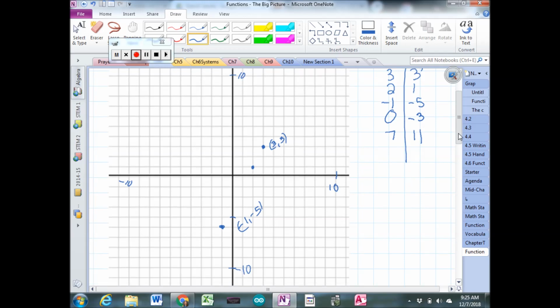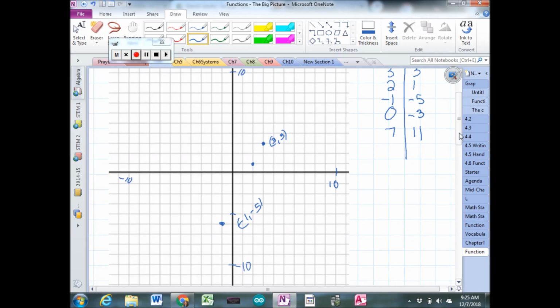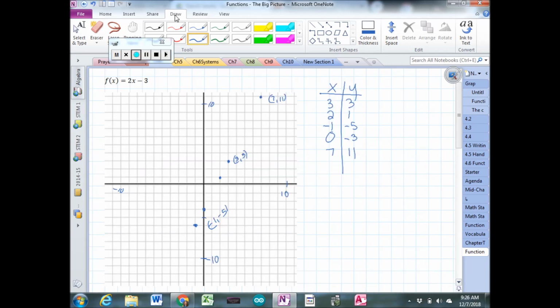Make the graph a little smaller so we can see all of the points at one time. So we have 7 and 11 way up here at the top, and 0 and -3. So now that we have our points labeled, we can go ahead and draw a line.